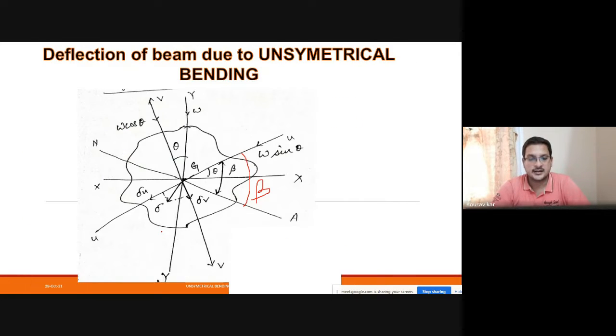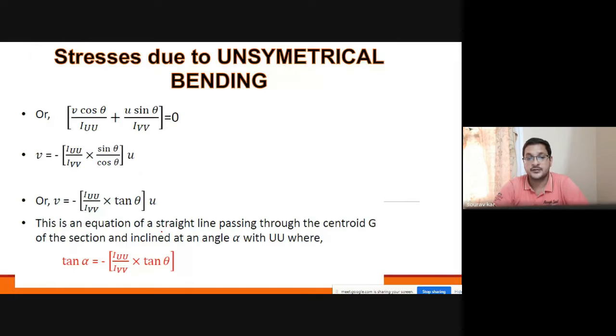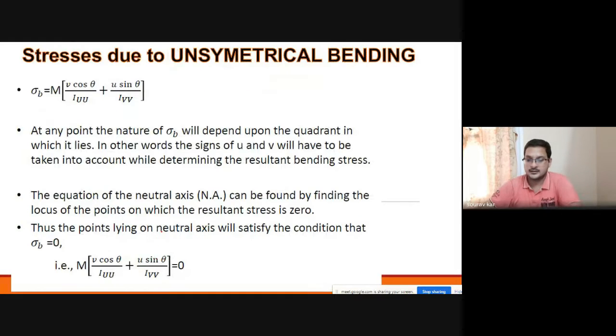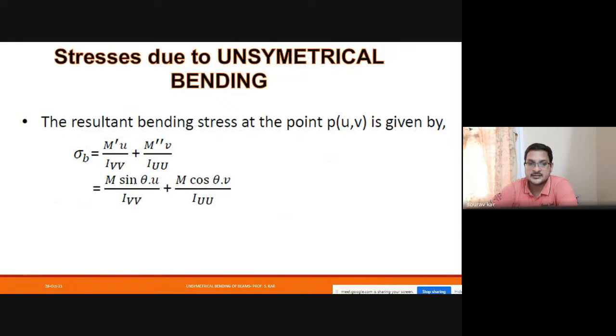Now let's see the formula for stresses. Here it is sin theta by IVV plus cos theta by IUU, into V, which we have to find.